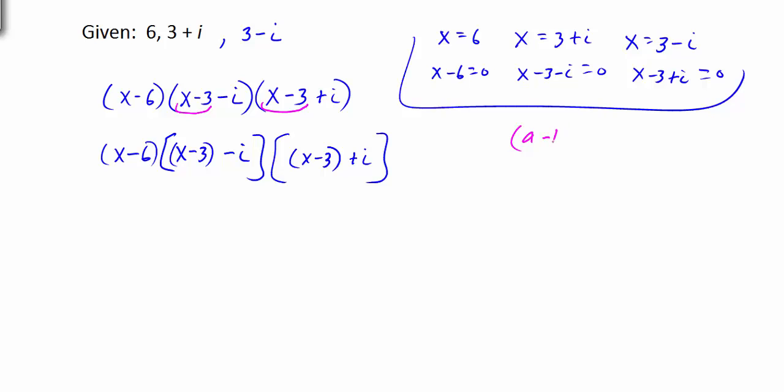a minus b times a plus b, if you were to multiply this out, a times a becomes a squared. And again, what happens here to this middle term? We have a positive ab, a negative ab, so that's going to cancel out. So then b times b is a negative b squared.